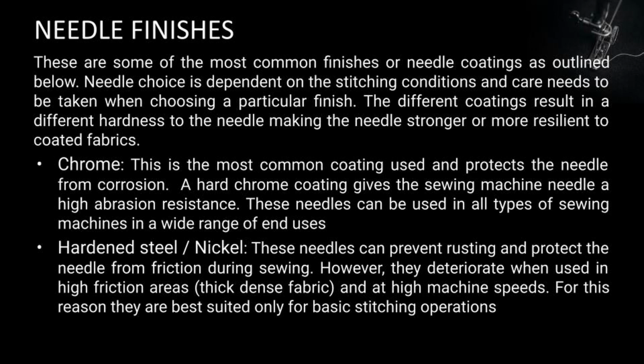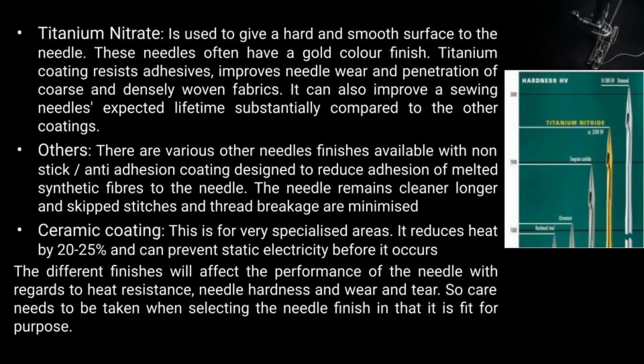The next finisher is hardened steel or nickel. This needle can prevent rusting and protect the needle from friction during sewing. However, they deteriorate when used in high friction areas or thick dense fabric and at high machine speed. For this reason, they are best suited only for basic stitching operations. The next finisher is titanium nitride. It is used to give a hard and smooth surface to the needle.